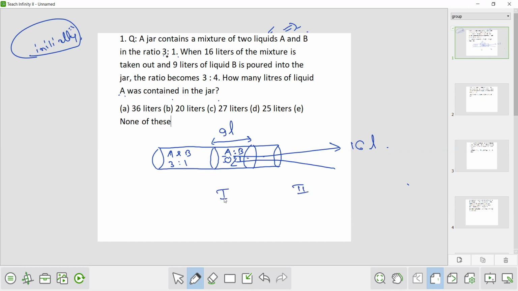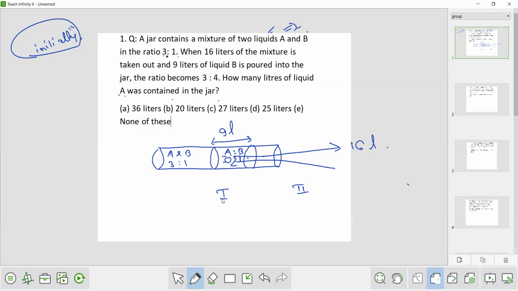The first quantity has a mixture of A and B in the ratio 3 is to 1, and the second quantity has a mixture of A and B in the ratio 0 is to 1. So either we start by taking the concentration of A or the concentration of B. Let's start by taking the concentration of A.